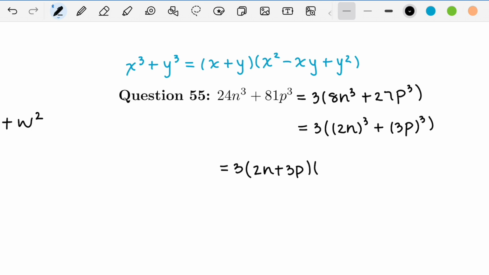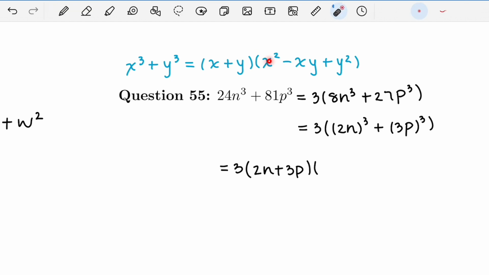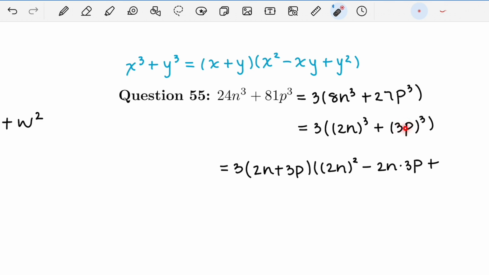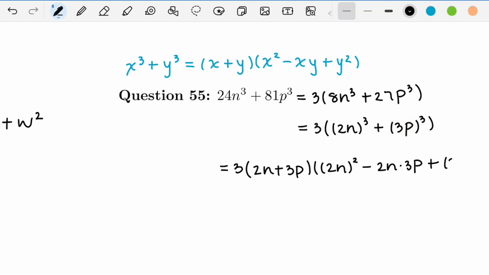And then we're going to multiply this by the square of our x term, so 2n squared. And this whole thing is going to be squared, so it looks like this here. Then we're going to subtract off x times y, so this would be 2n times 3p, and then we're adding the square of our y term, so this will be 3p squared.